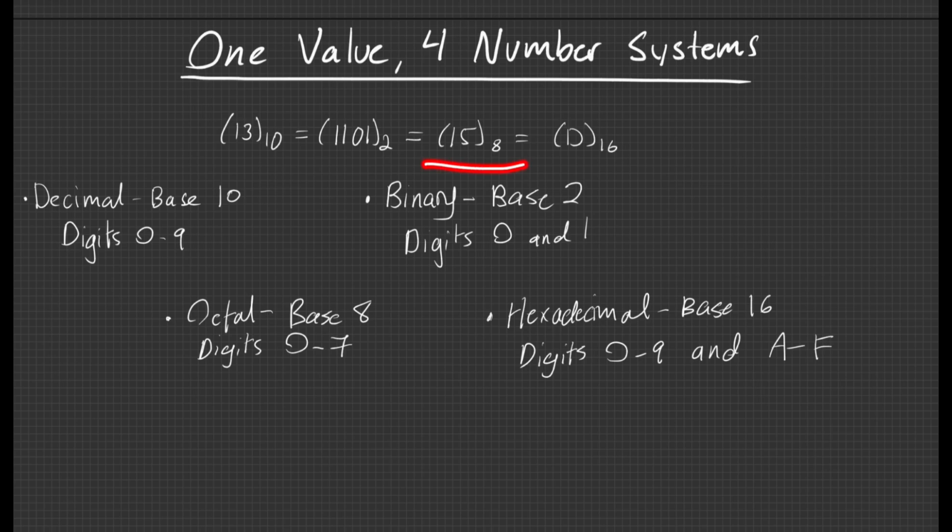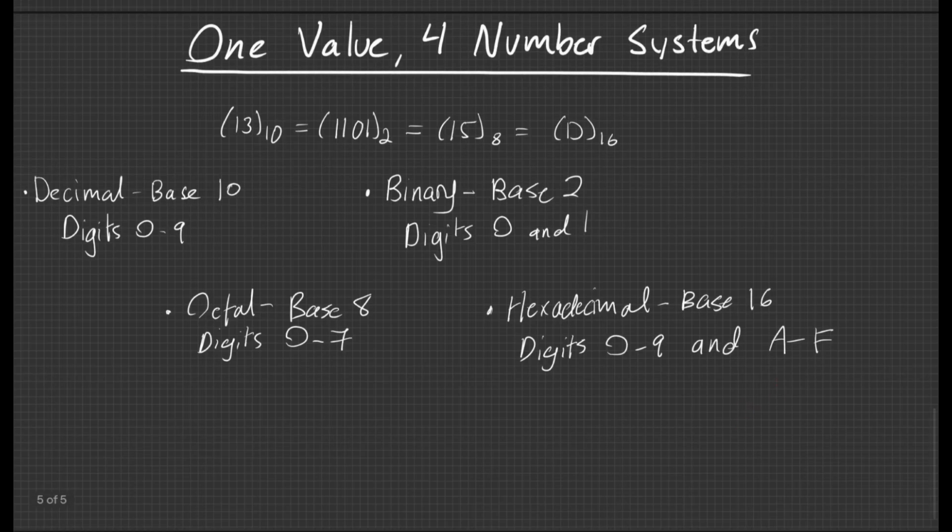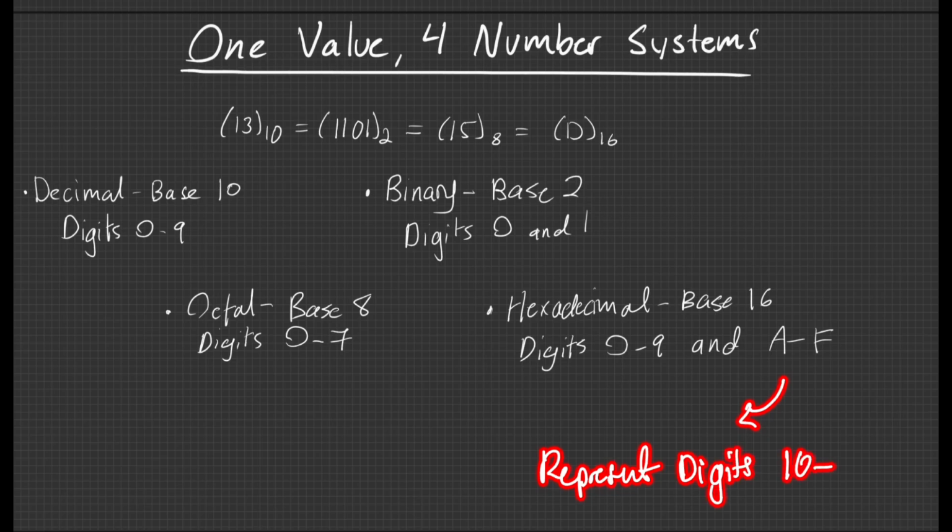We also have octal, which is a base 8 numbering system, which only uses the digits 0 to 7. And then we have hexadecimal, which is a base 16 numbering system, which uses digits 0 to 9 and letters A to F. Now, letters A to F represent the digits 10 to 15, okay?